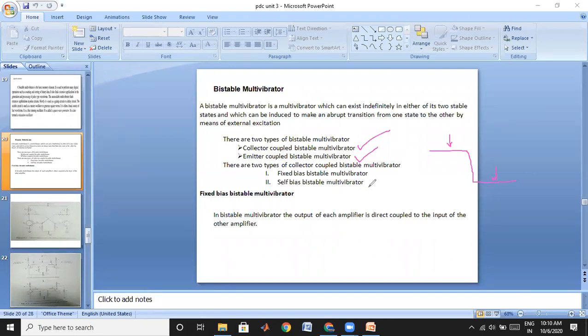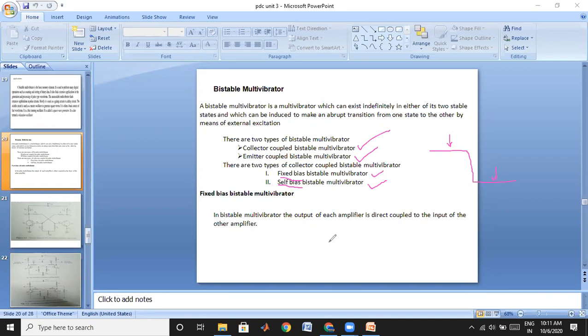In the collector coupled bistable multivibrator, we again have two types: fixed bias and self bias. As the title itself says, fixed bias and self bias. Already you know the biasing techniques for a transistor. In EDC you have seen self bias, voltage bias, fixed bias.